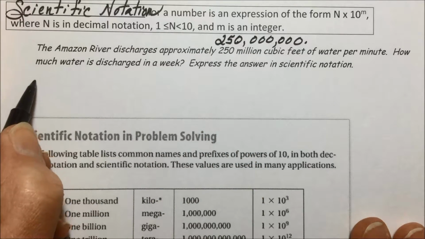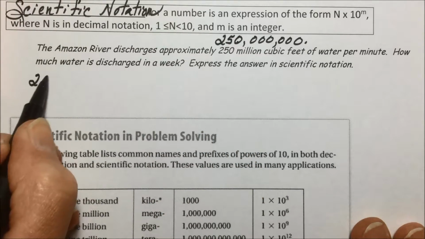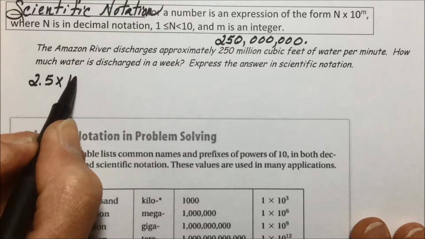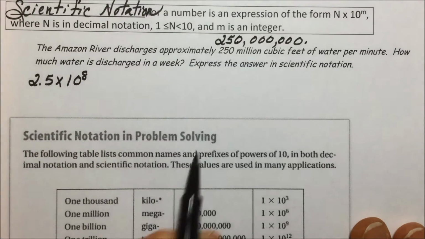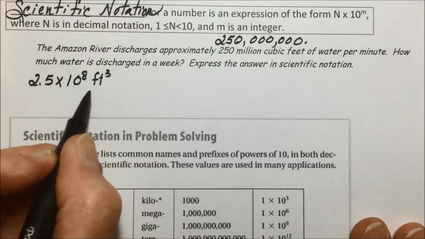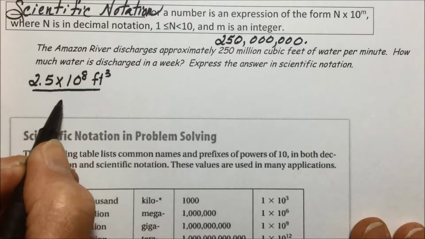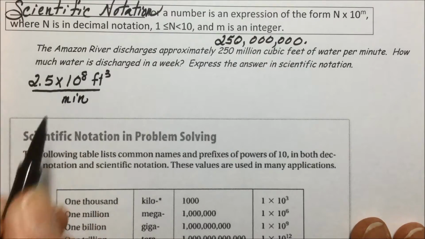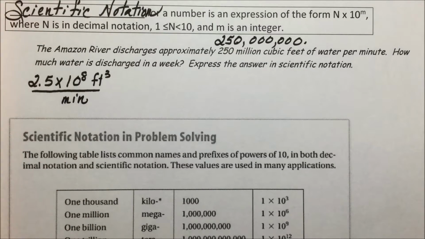So 250 million is the same as 2.5 times 10 to the 8th power, and it says cubic feet, so feet to the 3rd power per minute. And they're asking us to convert this discharge rate from per minute to per week. And most of us don't know how many minutes are in a week.